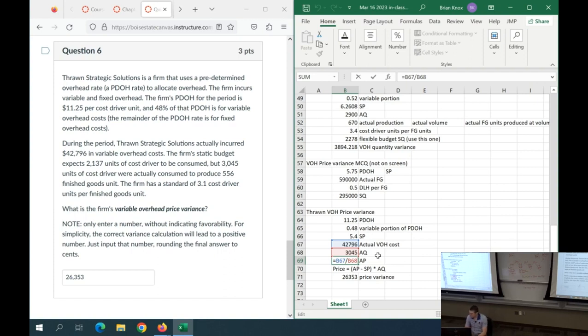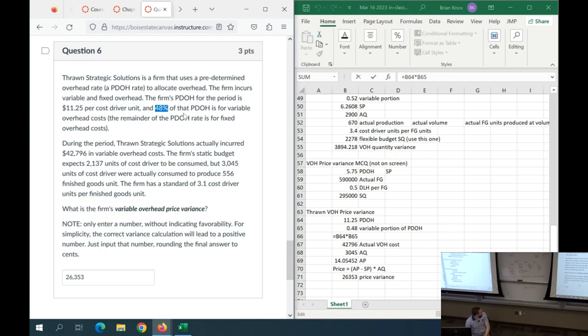Yep. What we did for 5.4: we took the overall rate times 48% to give us the variable portion of the rate. The standard price. Yeah, that'll give us a standard price.